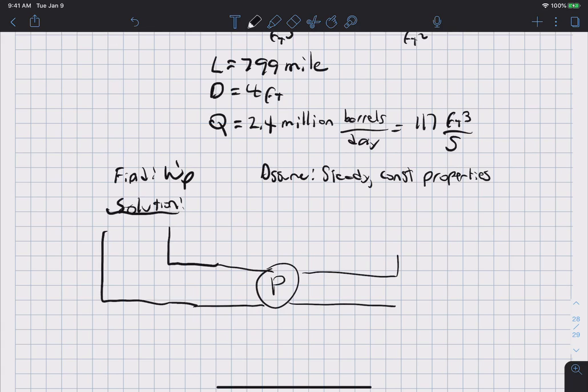Actually, lots of pumps, not just one, and we're pumping it to another reservoir somewhere else. And this length here, L, is 799 miles, and the diameter, D, is 4 feet.